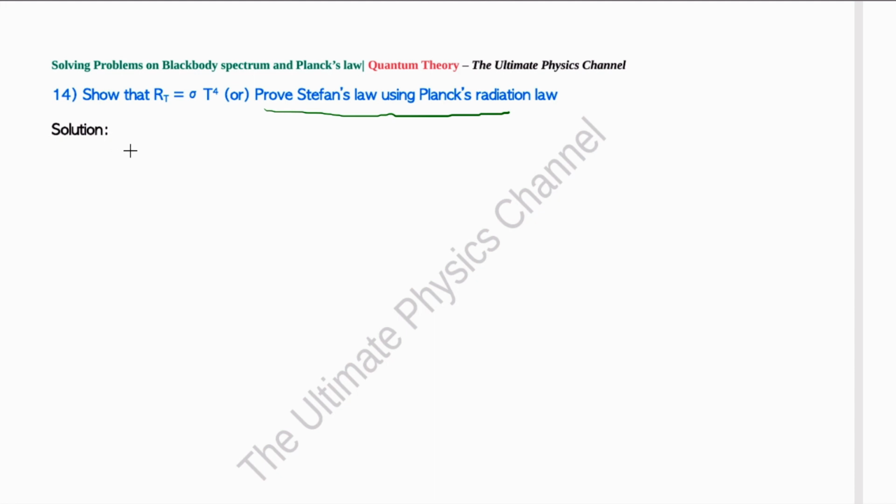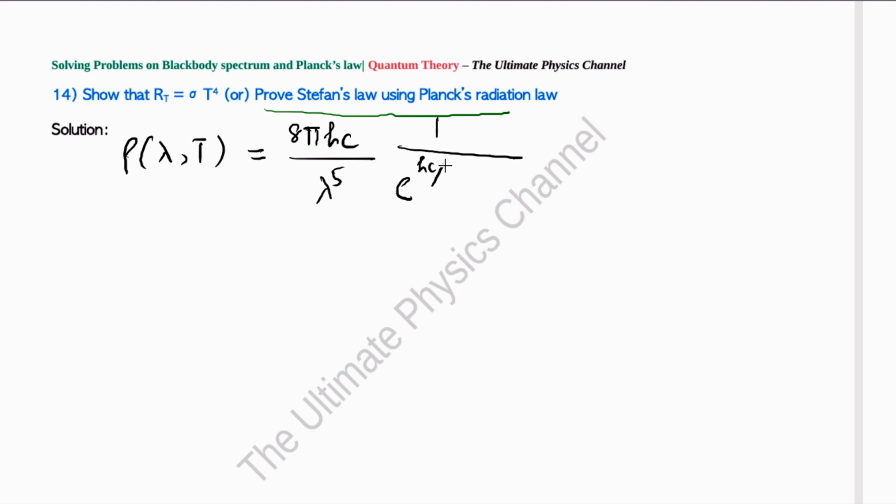We know that Planck's expression for the energy density is rho of lambda at a temperature T, so it's a function of T as well, equal to 8 pi hc over lambda power 5 times 1 over e power hc over lambda kT minus 1. Of course, Planck's law can also be expressed in terms of spectral intensity. This is energy density.